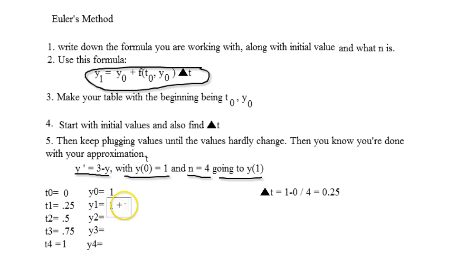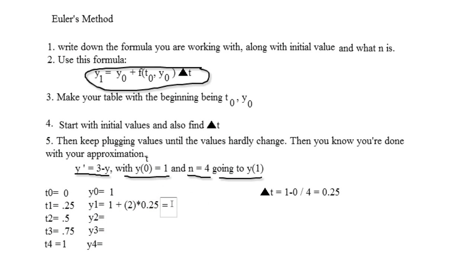Okay, and then I'm going to go plus, all right, now I'm going to plug in that value into here. So that's 3 minus 1, so that becomes 2. And that's going to be times delta t, which is going to be 0.25.